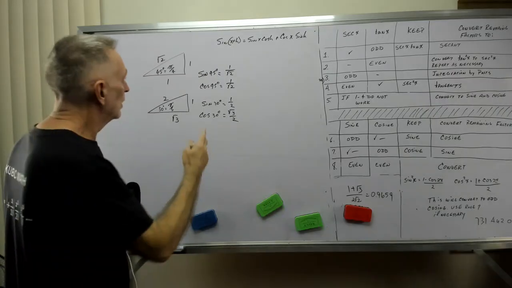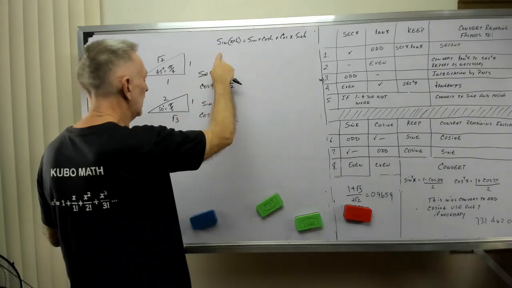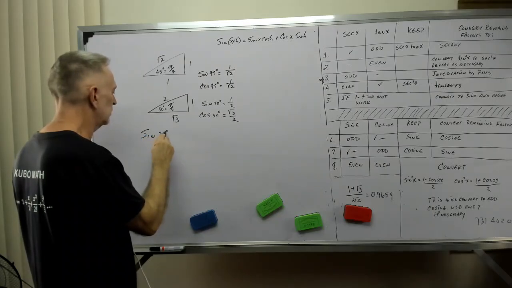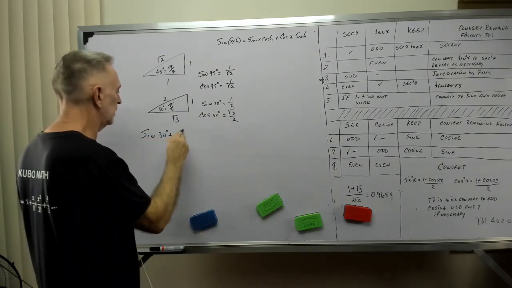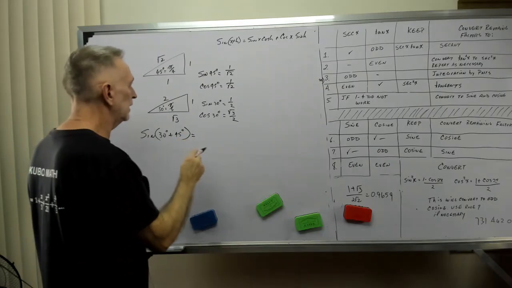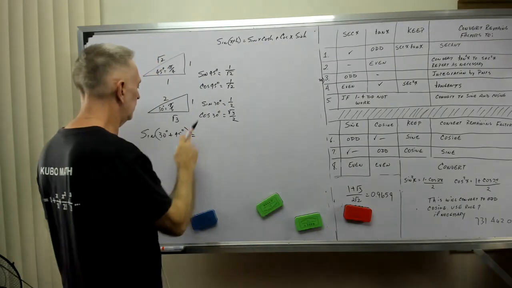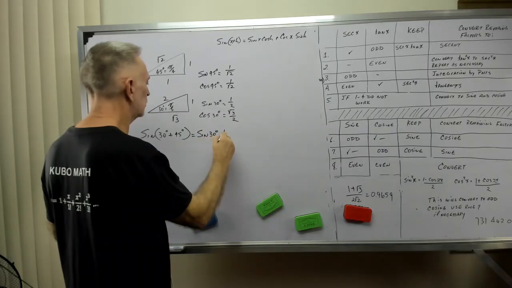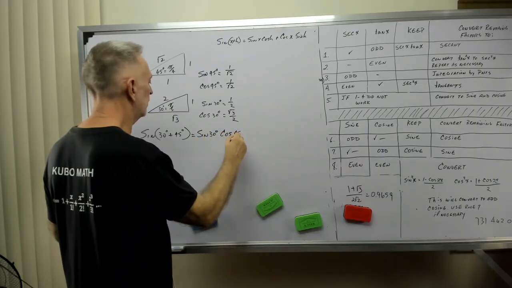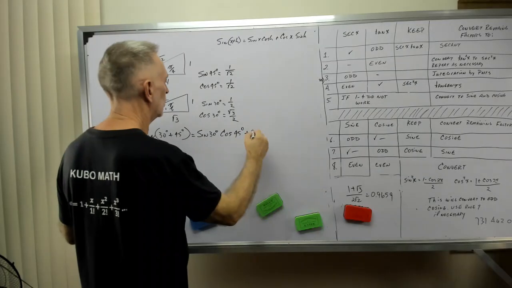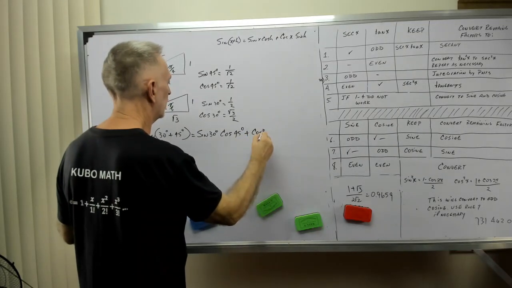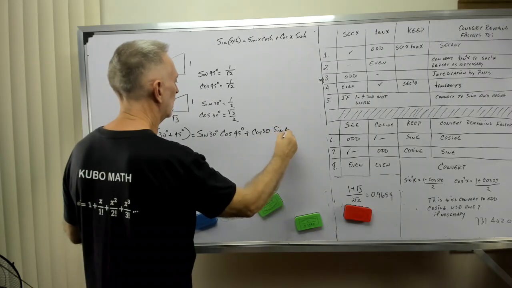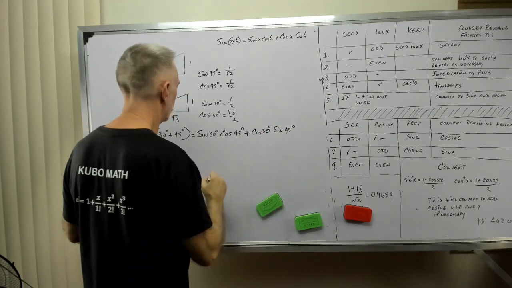I could say this is the sine of 30 degrees plus 45 degrees, and that should equal sine of 30 times cosine of 45 plus cosine of 30 times sine of 45 degrees.